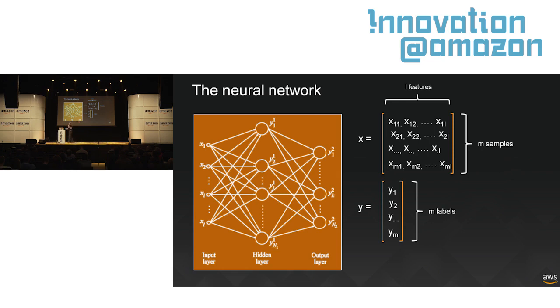So if my network works correctly, when I use that X11, X12, etc., when I use that first sample here, take this, rotate it in your head, put it on the input layer, right?